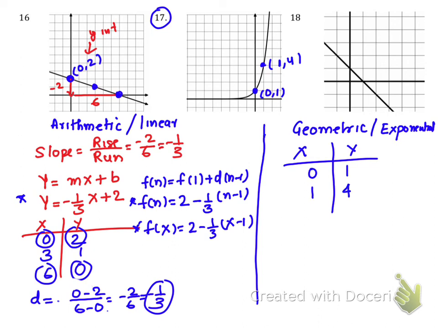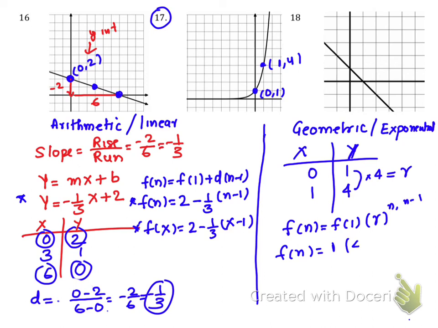So it's very visible that as we progress, I get the second term by multiplying by 4. So that's my common ratio. How do I write my equation? You remember f of n is f of 1 times r to the power of, you need to think about whether it's going to be n or n minus 1, whatever. So you need to judge. So f of n is equal to, first term is 1 and r is 4.